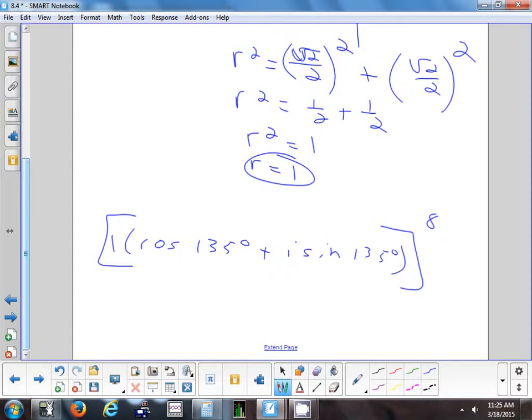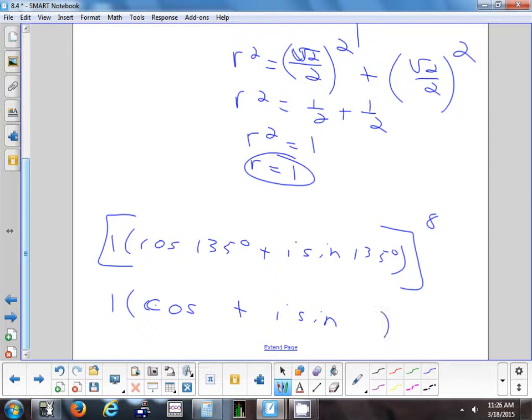Okay, so Cole, how do I get my radius? We're going to raise what to the 8th power? 1. And 1 to the 8th power stays the same. So my radius is still 1. Now I need my angle.